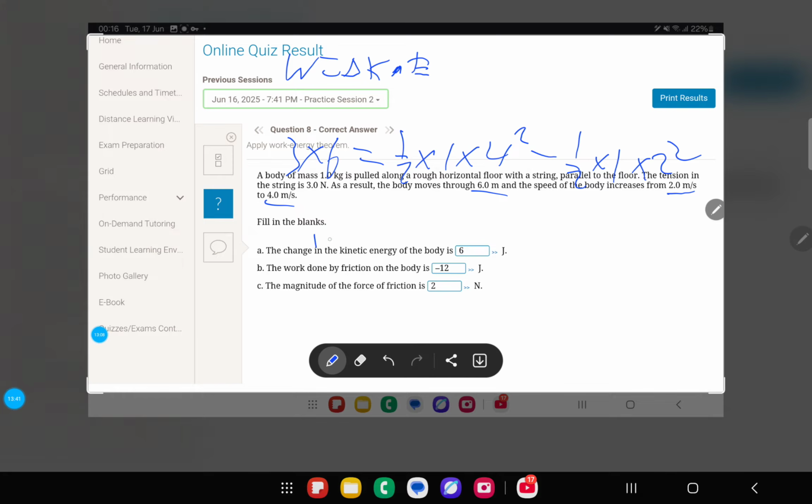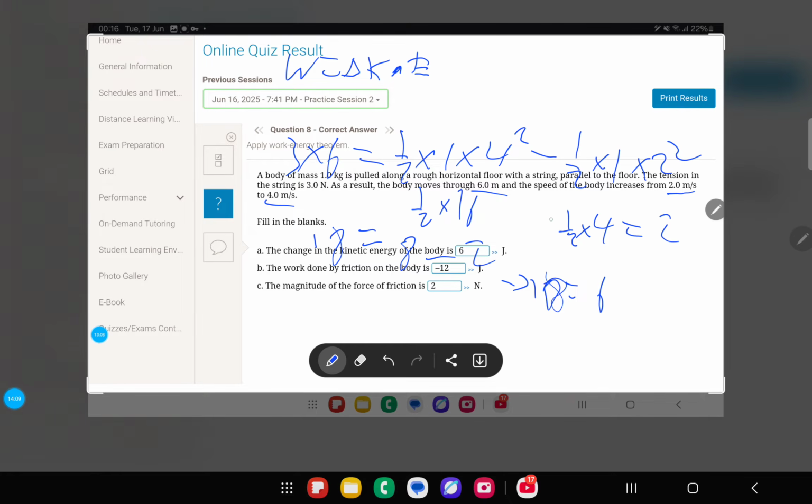Now just solve. 18 equals 1 over 2 times 16, which is 4 squared, equals 8, minus 1 over 2 times 2 squared, which is 4, so it equals 2. 8 minus 2, so it becomes 18 equals 8 minus 2 is 6, right?